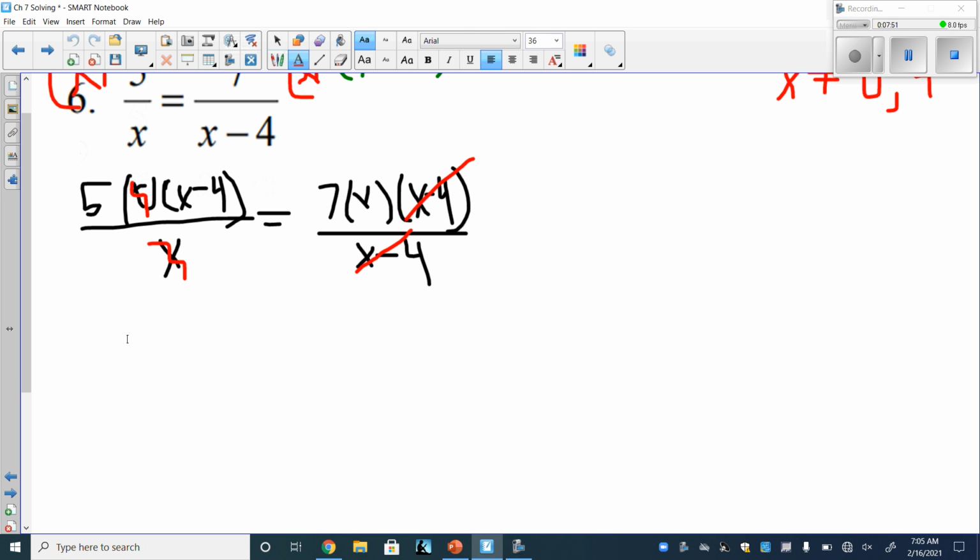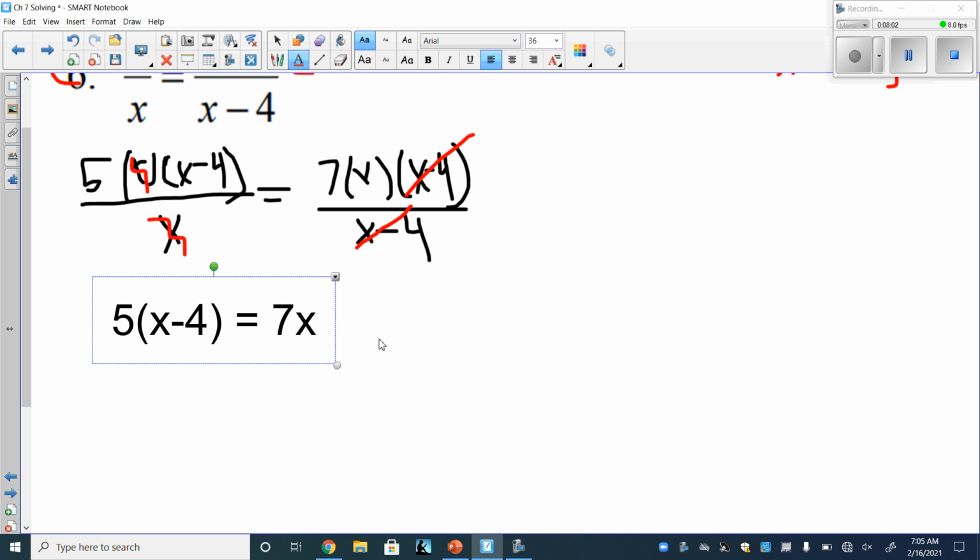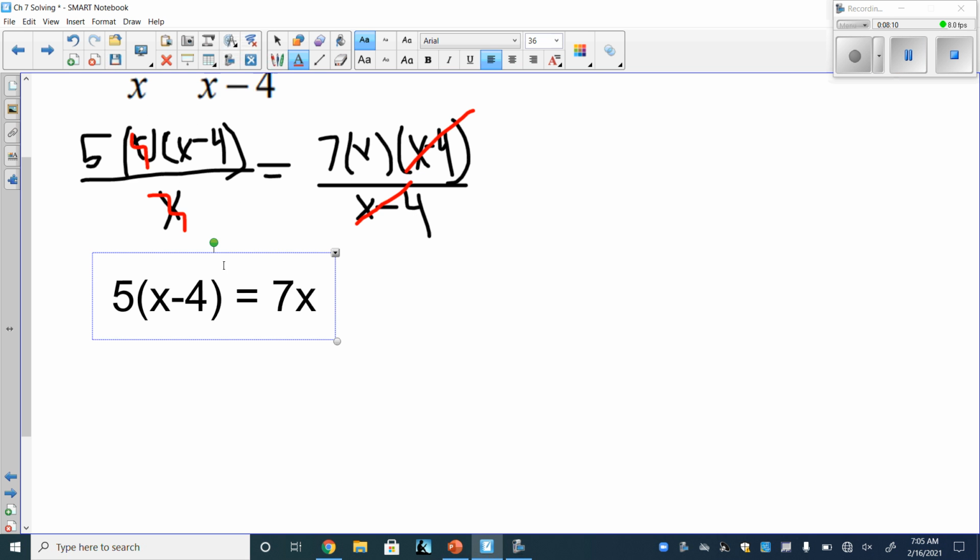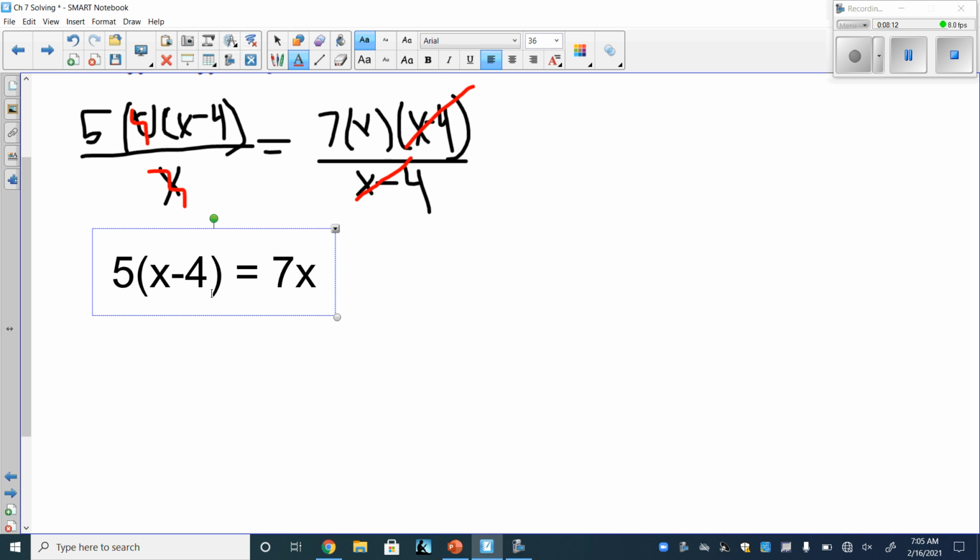And what that would leave us with is 5 times x minus 4 is equal to 7x. Once we simplify that out, we don't have any fractions on the left or right side of this equation.